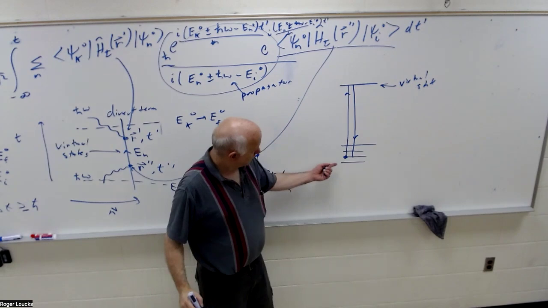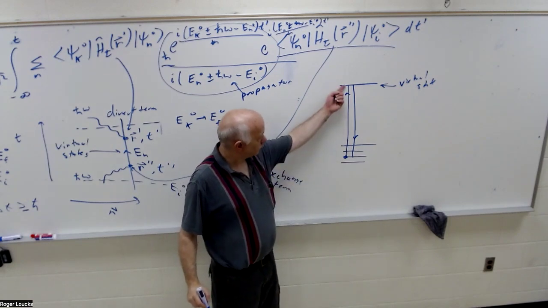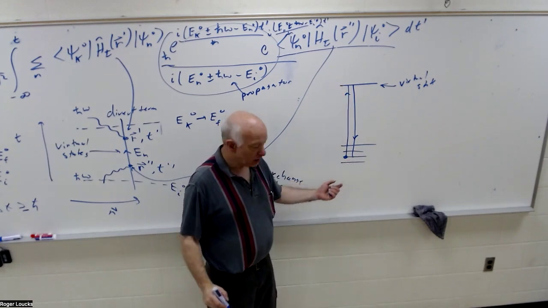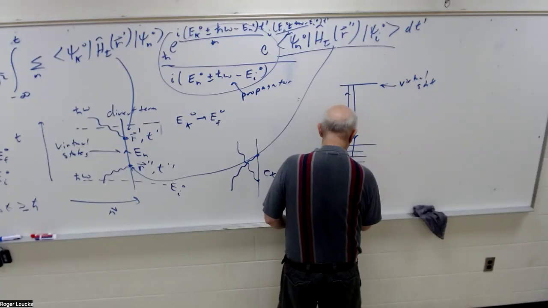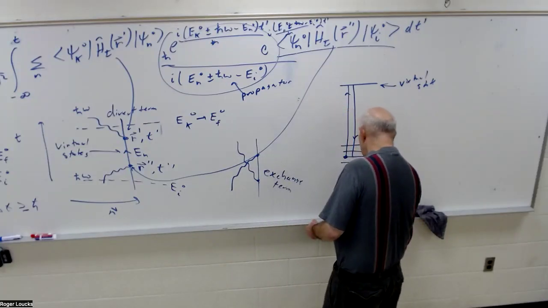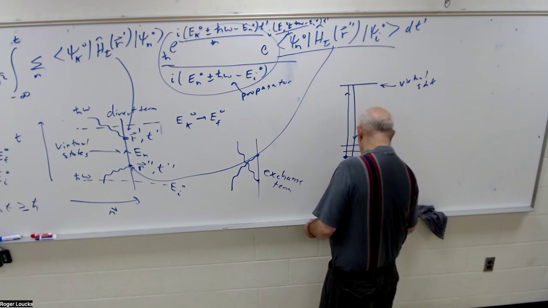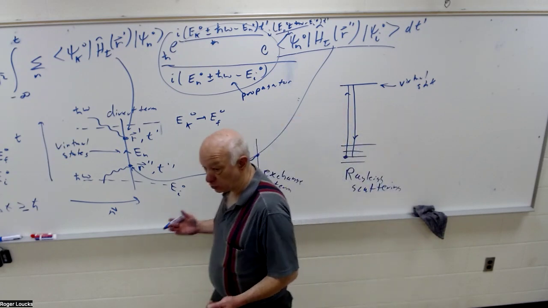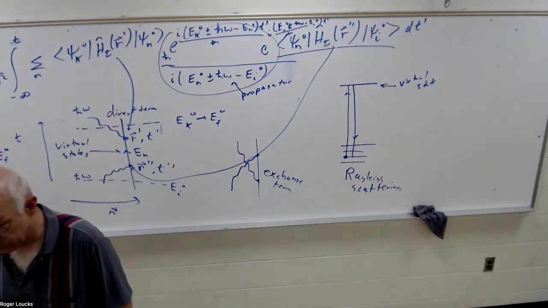If I get excited to this virtual state and come back to the same state, this is called a Rayleigh scatter. And that's your dominant type of scatter.